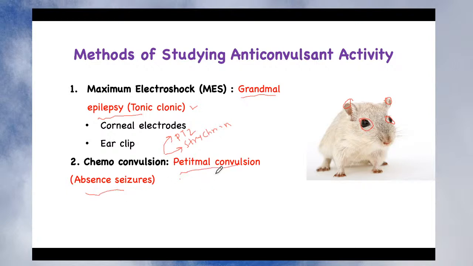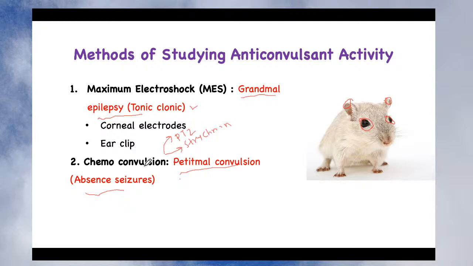So if your drug is effective against chemical induced convulsion, that indicates the drug shows activity against absence seizure. Now if your drug is effective against both maximum electroshock induced convulsion and chemoconvulsion, it means your test drug is effective against both types of convulsion. We have seen some drugs having activity against both types, including tonic-clonic convulsion as well as petit mal convulsion.